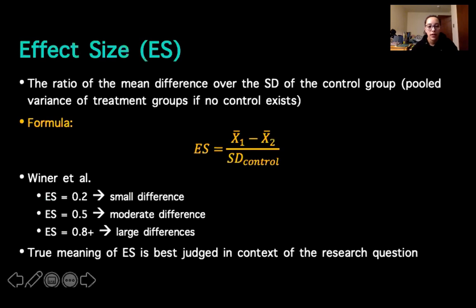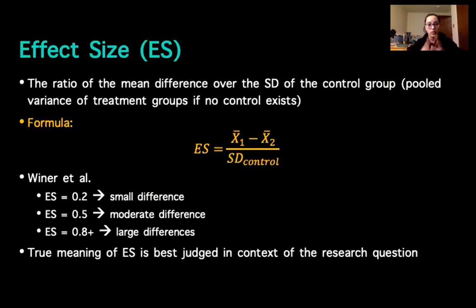And so for our t-tests, when we have two samples, we can take the mean difference and then divide it by the standard deviation of the control group. If we don't have a control group, we take the pooled standard deviation, which I go over in the activity this week, but that just means you take the standard deviation of everybody.